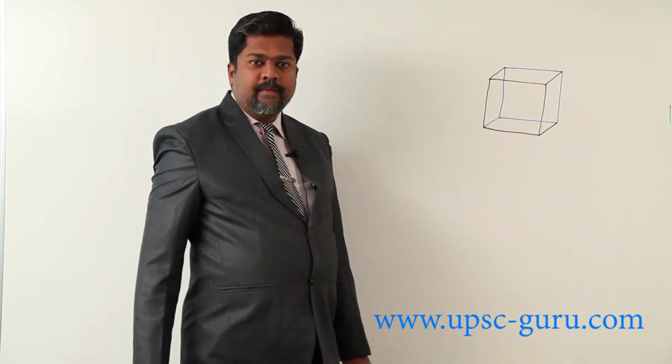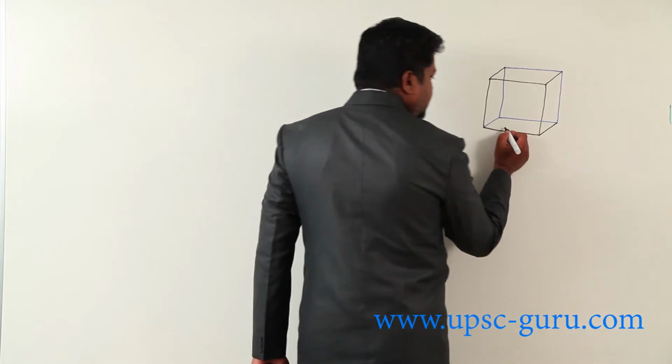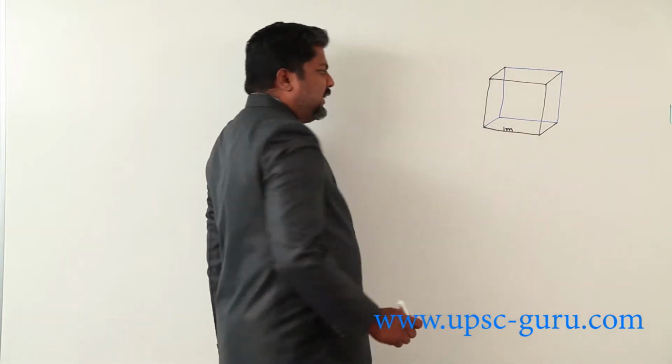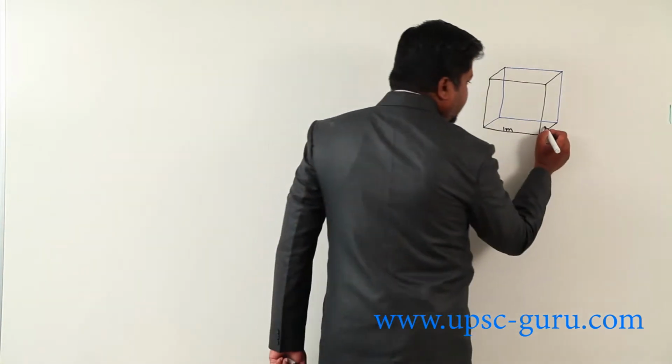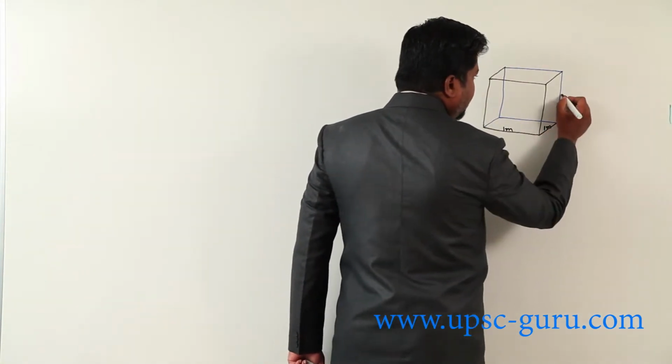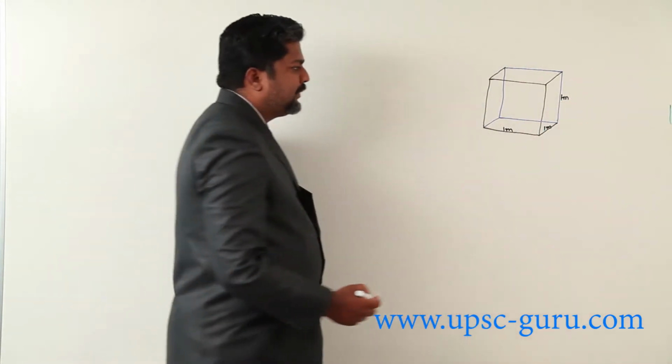This is a cube. Having a cube means all sides are the same: 1 meter in length, 1 meter in breadth, and 1 meter in height.